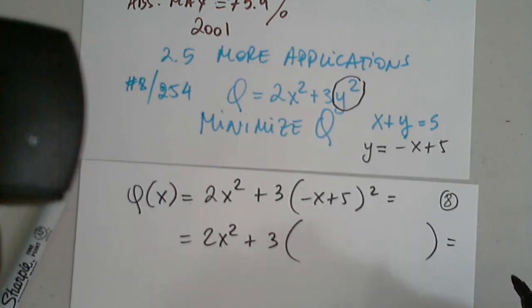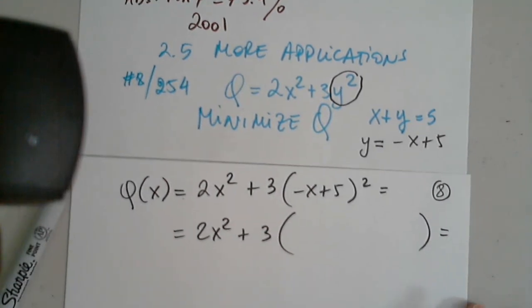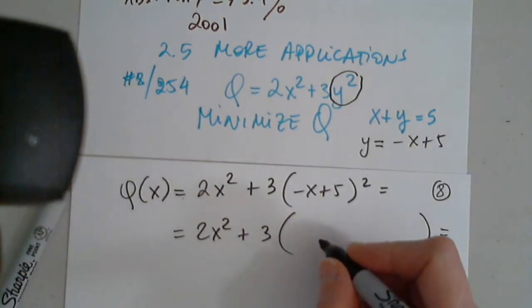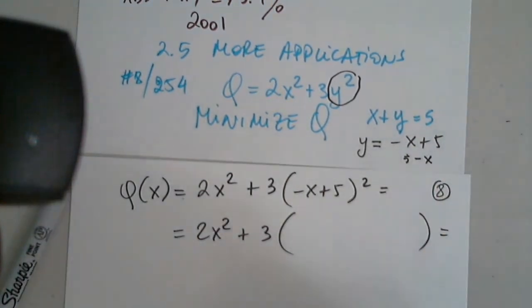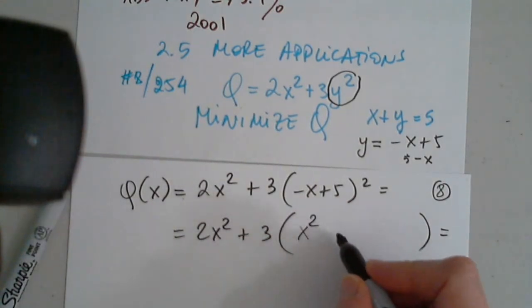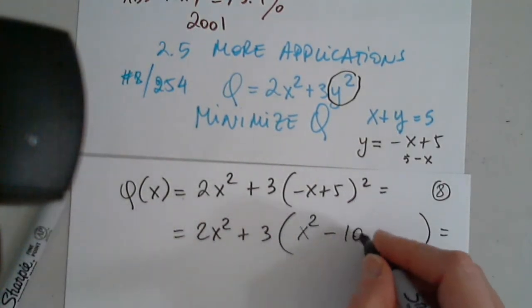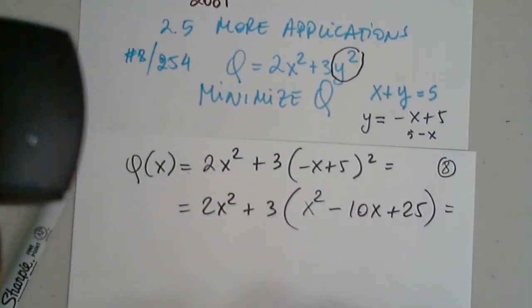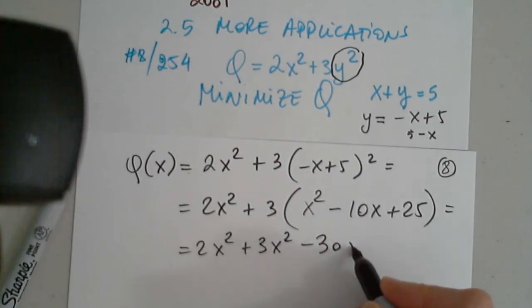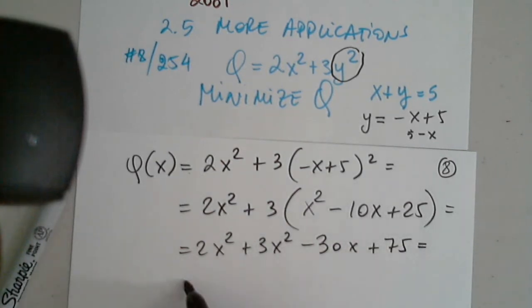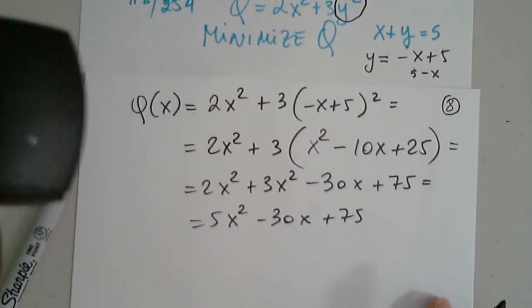Anyone volunteers to give us those 3 terms? If it's easier for you to square with 5 minus x, that's fine too. Would it be x squared minus 10x plus 25? Excellent. Very good. Okay, so then this is 2x squared plus 3x squared minus 30x plus 75, and that is 5x squared minus 30x plus 75.